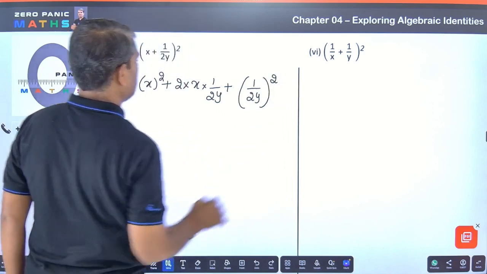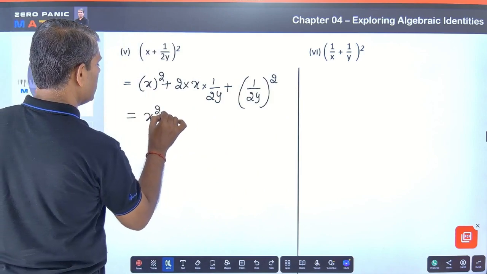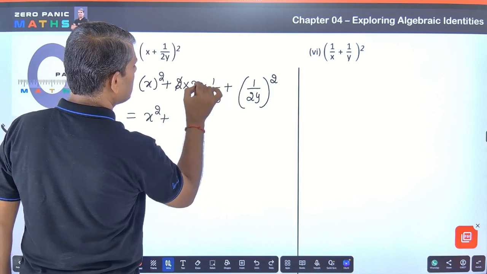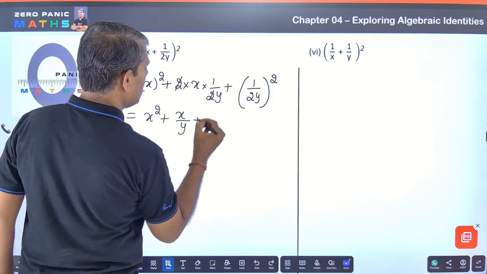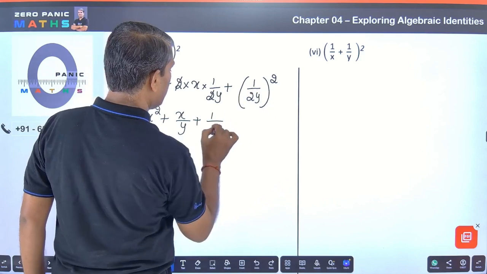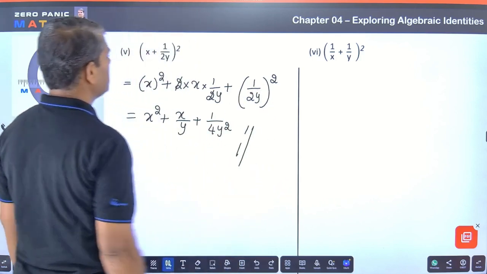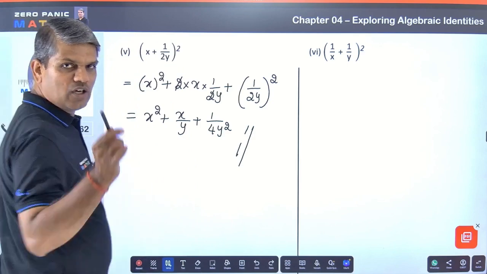This is b square. 2ab. Now it is x square. This 2 will get cancelled, and what remains is x into 1, that is x, divided by y, plus 1 square is 1, and 2 square, that is 4, and y square. So this is the expansion of (x plus 1 by 2y) whole square. Hope you are getting it.